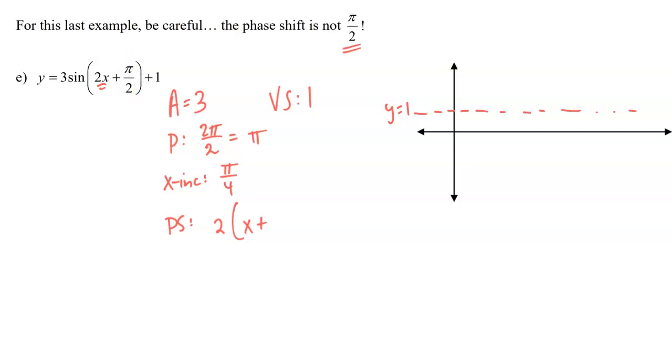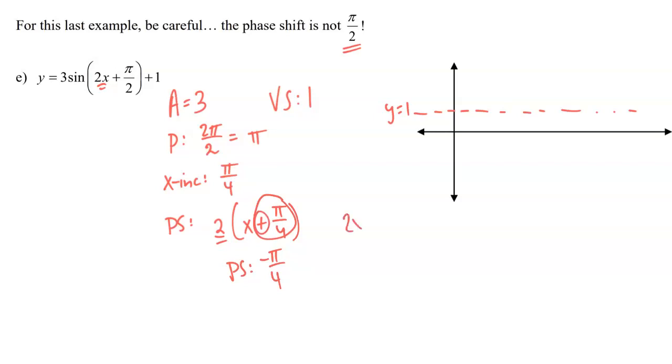And so that is going to give you pi over 4. And so therefore, the phase shift is negative pi over 4, because now the 2 is factored out, and so this right here will just tell you what the phase shift is. Again, remember that the plus sign means that you're going to the left.